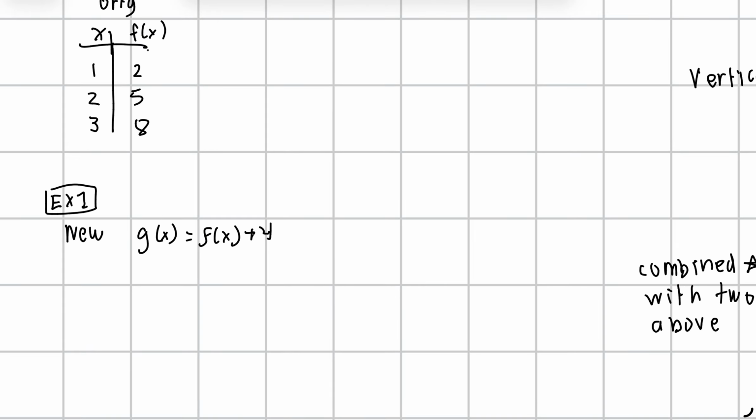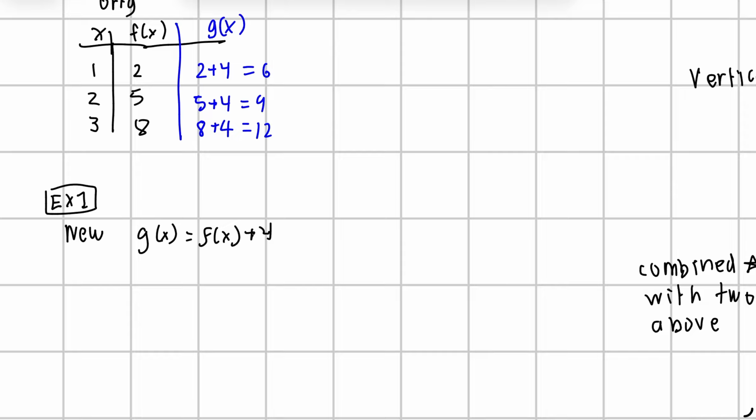So we take 2 plus 4, 5 plus 4, and 8 plus 4, giving us 6, 9, and 12.